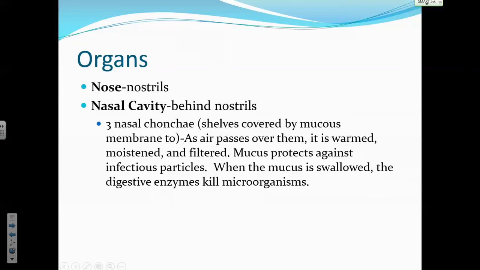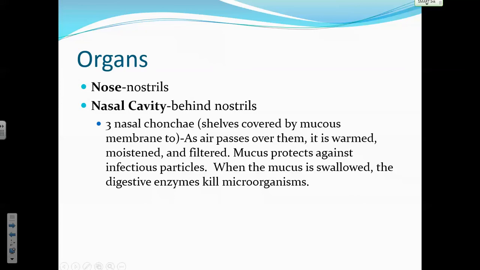These are shelves on each side of the nasal cavity that are covered by a mucous membrane. Because of that, they can protect you. That's one of your first lines of defense that we talked about a little while ago. They can trap foreign things because of the mucus.